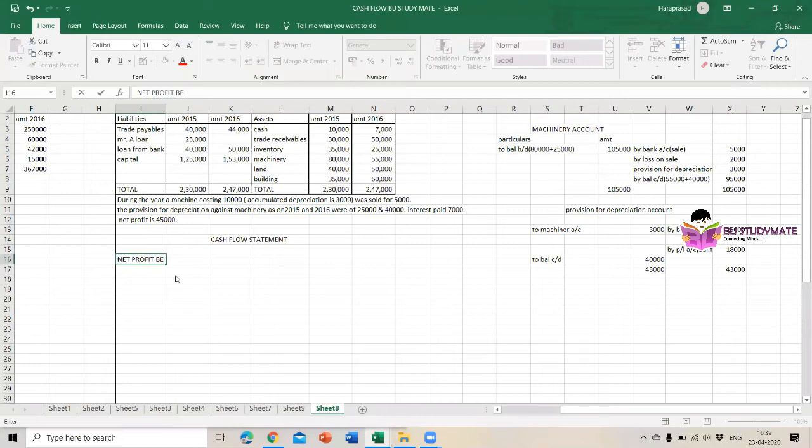Here in the net profit, we don't have any net profit, so in the question we'll find out. In the question they have given the net profit, 45,000.